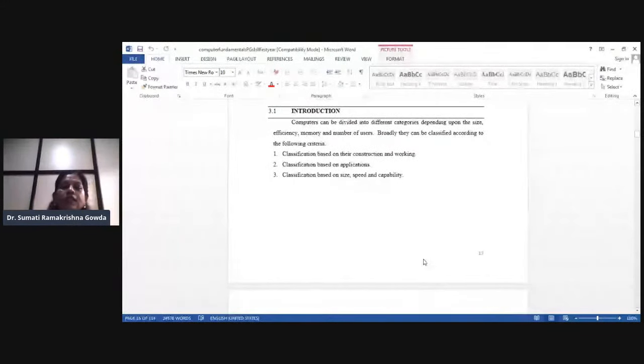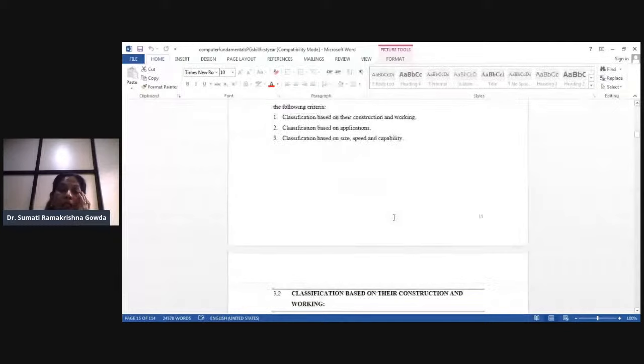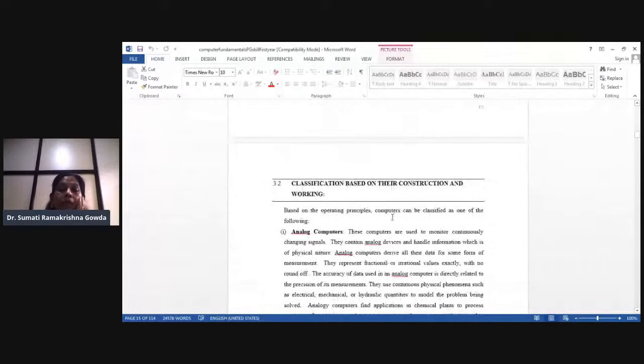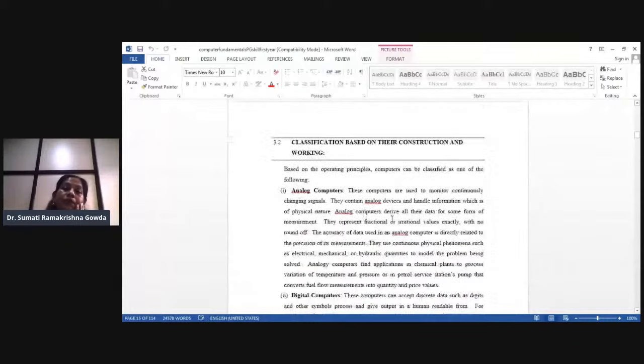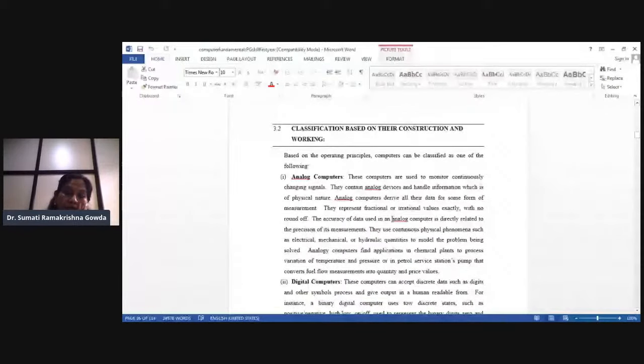Broadly, they can be classified according to the following criteria. It is based on the construction and working, based on applications, based on speed, capability, and capacity.